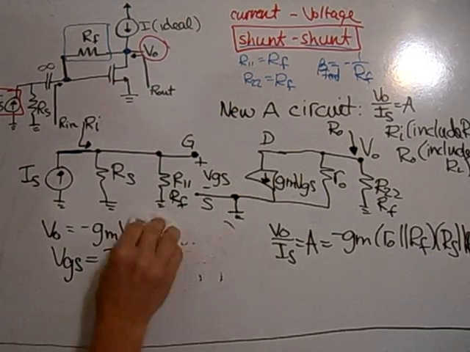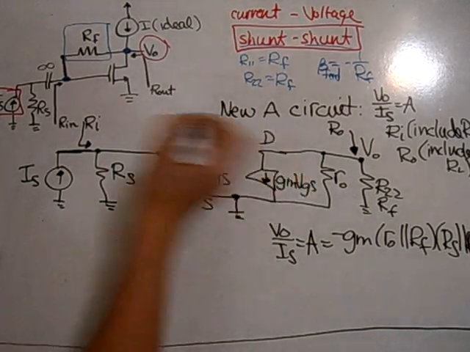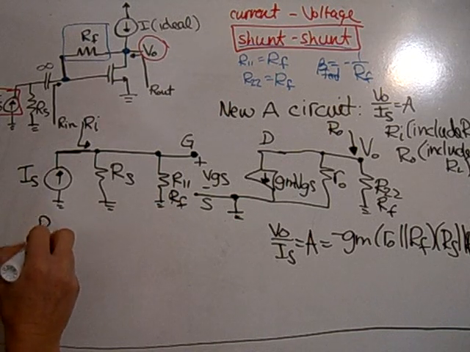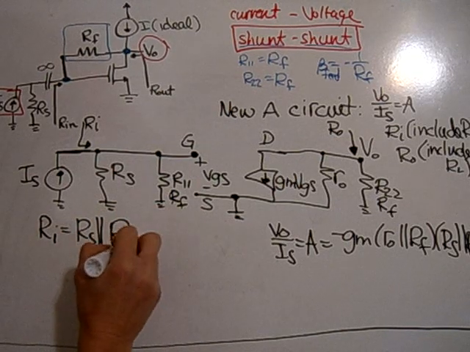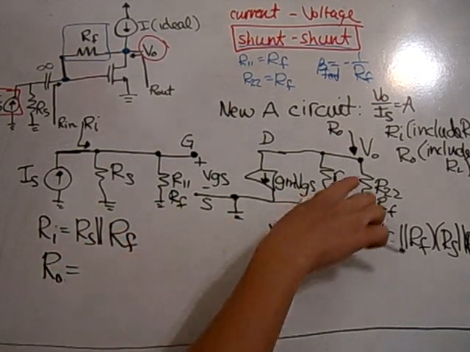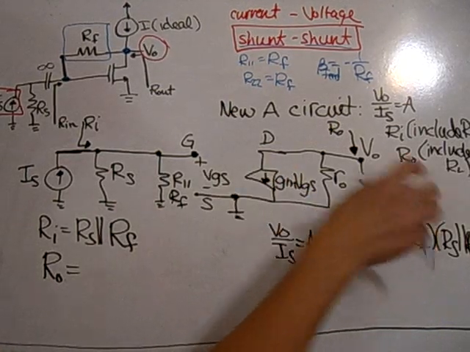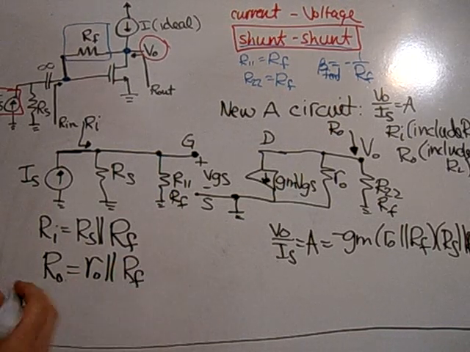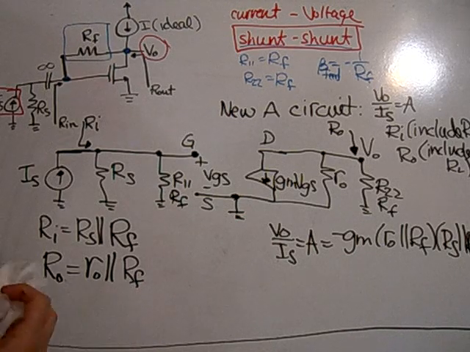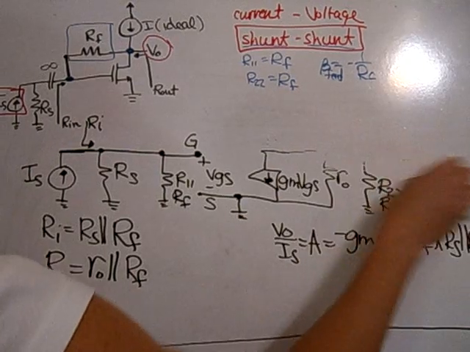I can also write RI and RO. So RI, remember this includes RS, will be RS in parallel with RF, and RO, which is here, is on the top of the dependent source, so it's going to be RO in parallel with RF. So now I have these three values. I'm going to use the feedback equations with the amount of feedback.